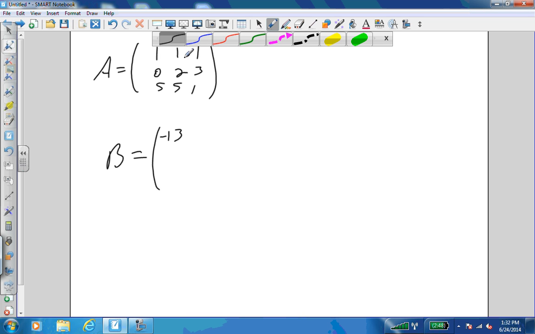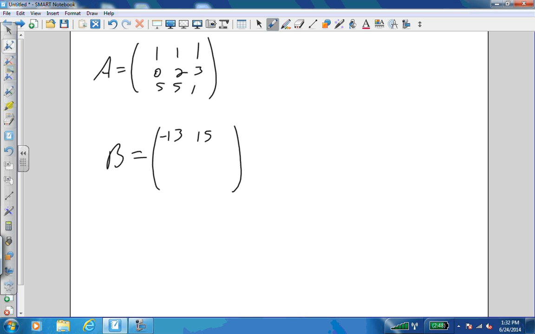So the opposite of that is positive 15. Row 1, column 3, we have 0 minus 10. Remember, positive, negative, positive.